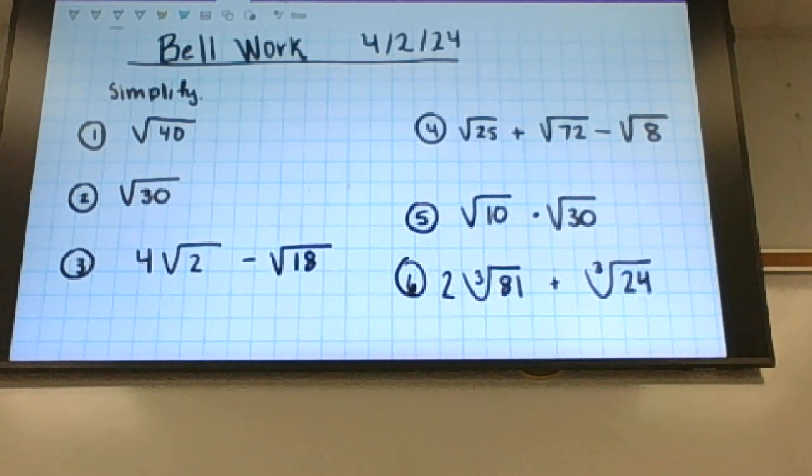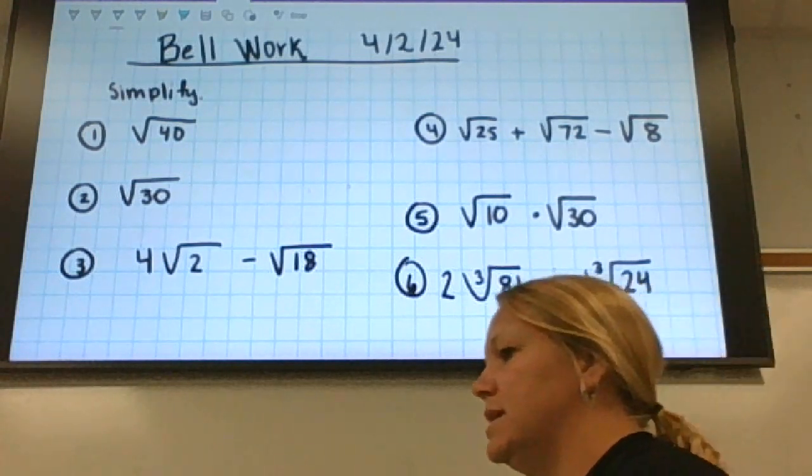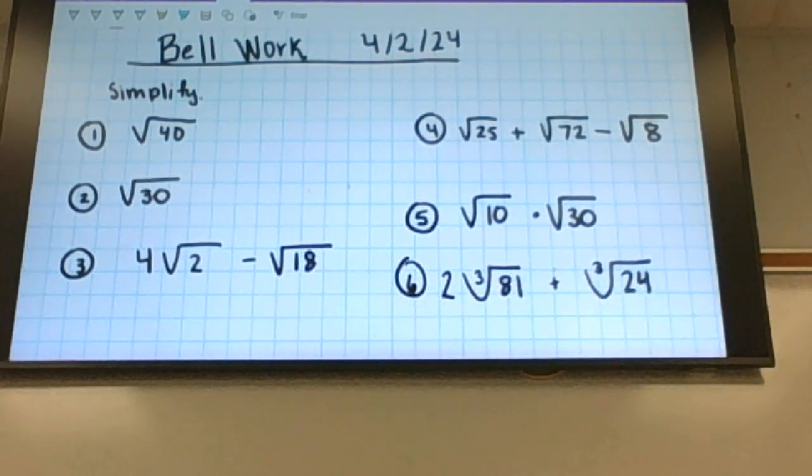So Ashlyn, were you able to figure anything out for 40, number 1? Perfect. That's it. 4 and 10. 40 is the same as 4 times 10. So I'm going to rewrite it as the square root of 4 times the square root of 10.